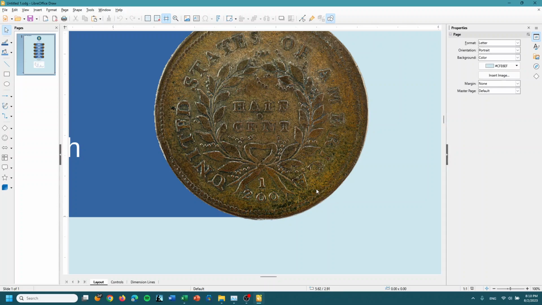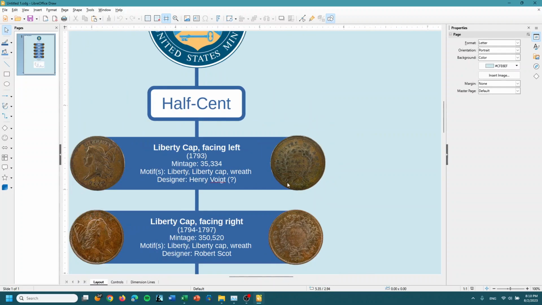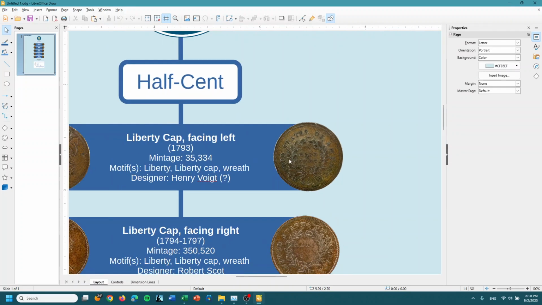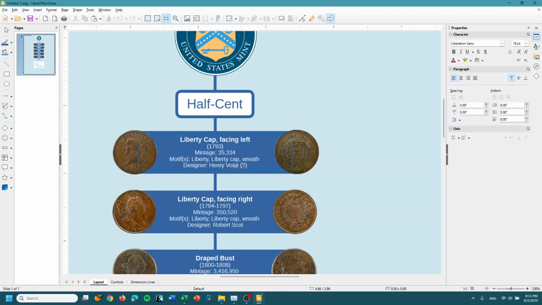They use fractions, which is something that early U.S. low denomination coins used. So the designer for this coin is said to be Henry Voigt, but there is some confusion about whether he only engraved it or whether he was also the designer of the coin.